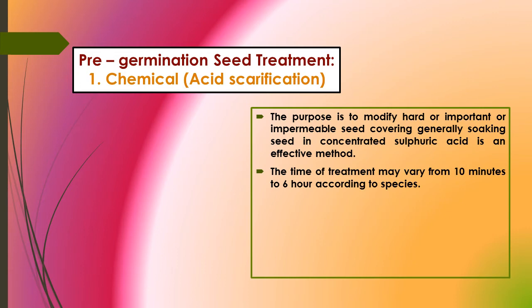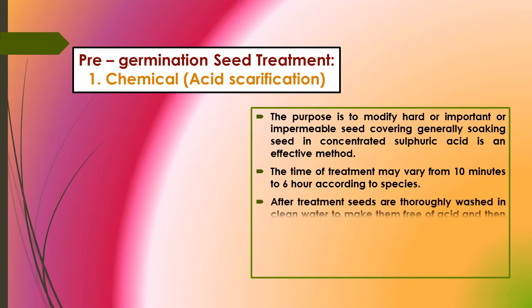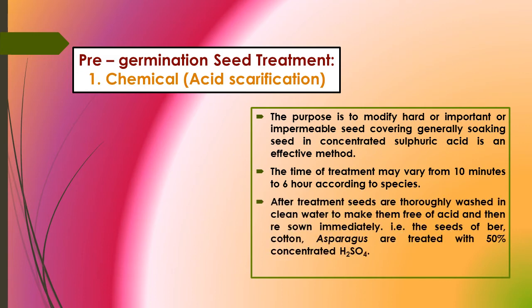The purpose of this treatment is to modify hard or impermeable seed coverings. Generally, soaking seed in concentrated sulfuric acid is an effective method. The time of treatment may vary from 10 minutes to 6 hours according to different species. After treatment, seeds are thoroughly washed in clean water to make them free of acid and then are sown immediately.